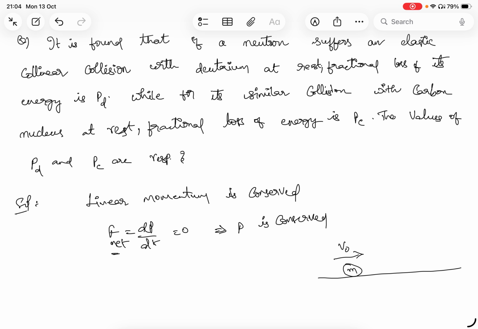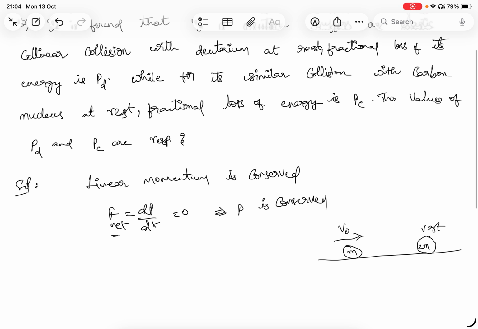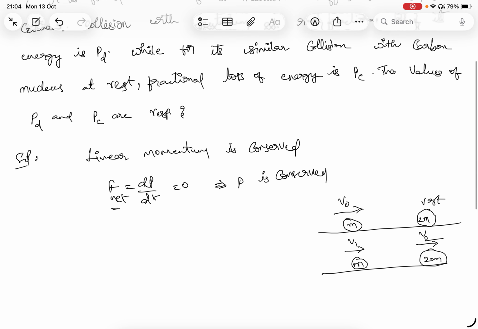The deuterium, which consists of a proton and a neutron, has 2 times the mass of the neutron, and is at rest. After the collision, the neutron of mass m moves with velocity v1, and the deuterium of mass 2m moves with velocity v2.